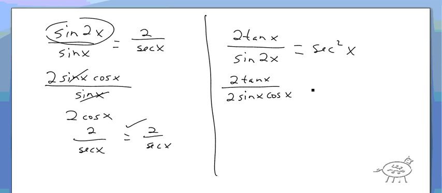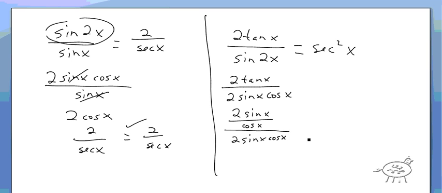And remember, if you don't see anything else to do, always do sines and cosines. So we're going to do 2 sine of x over cosine of x over 2 sine of x cosine of x.